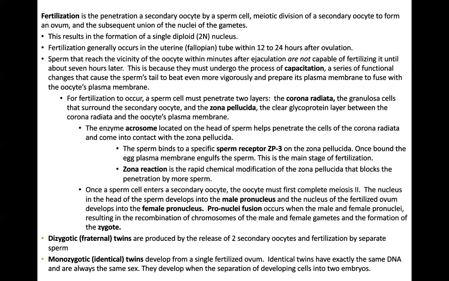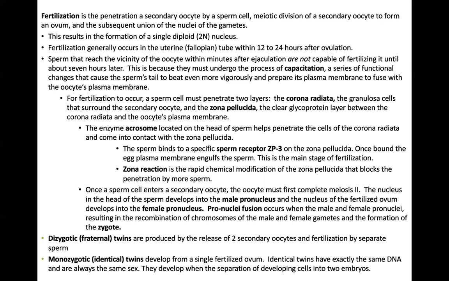Now, there's a fancier term for both fraternal and identical twins: dizygotic and monozygotic. It describes how many zygotes are involved. In the case of fraternal twins, dizygotic means 2 zygotes, because di means 2.